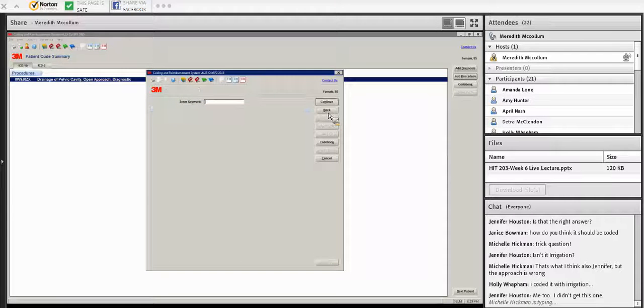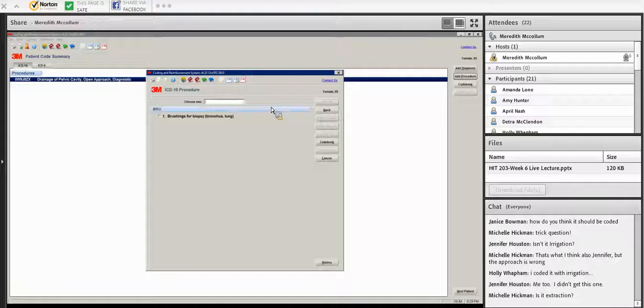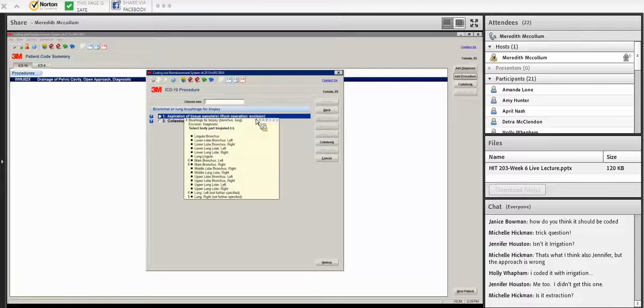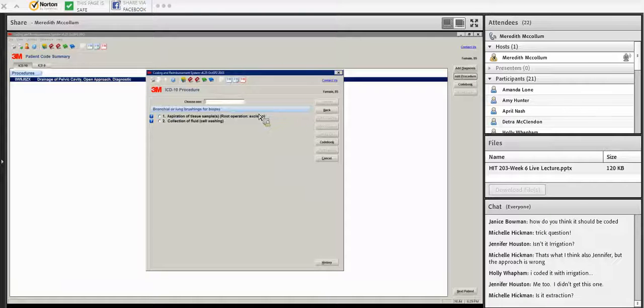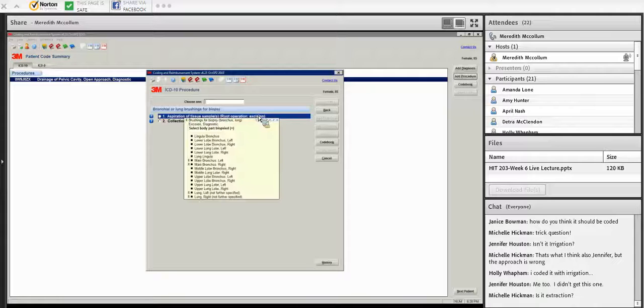I'm going to have to do, it's going to be excision because they are doing, if you notice when I do brushings, it says your root operation is going to be excision, but 3M is not going to allow you to do that.